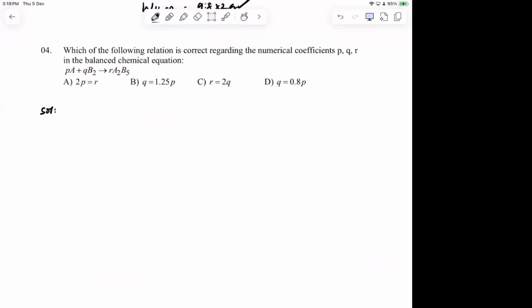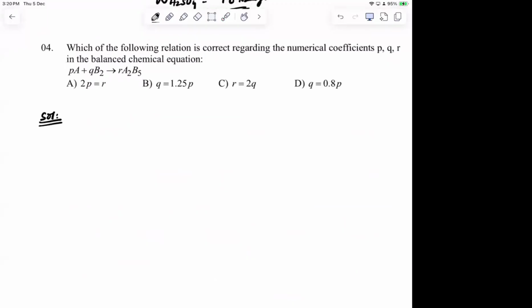Which of the following relationships regarding the numerical coefficients P, Q, R can be balanced out easily? Suppose I have to conserve A. So what could I say about the conservation of A here? In this molecule there is only one A present.